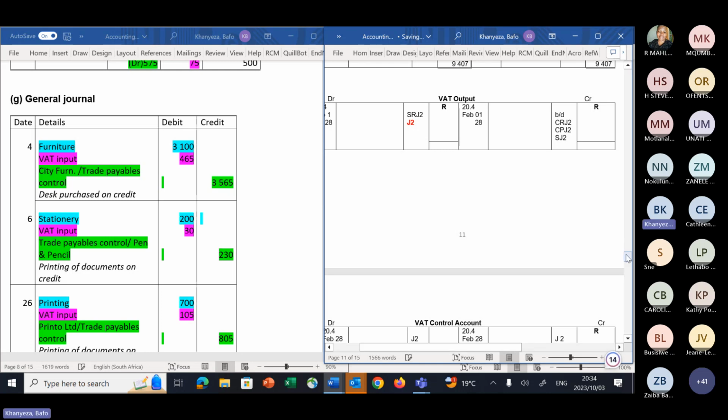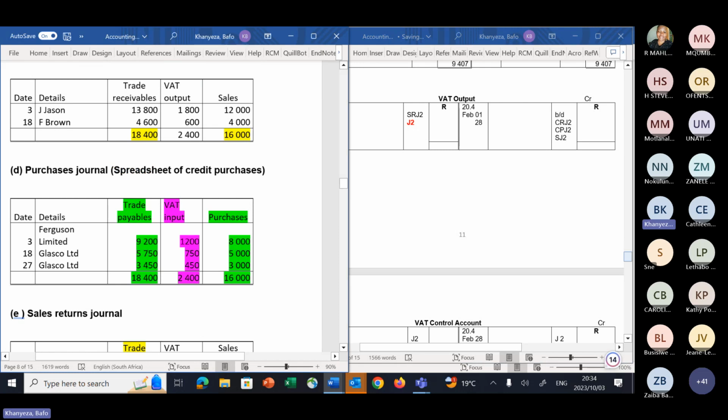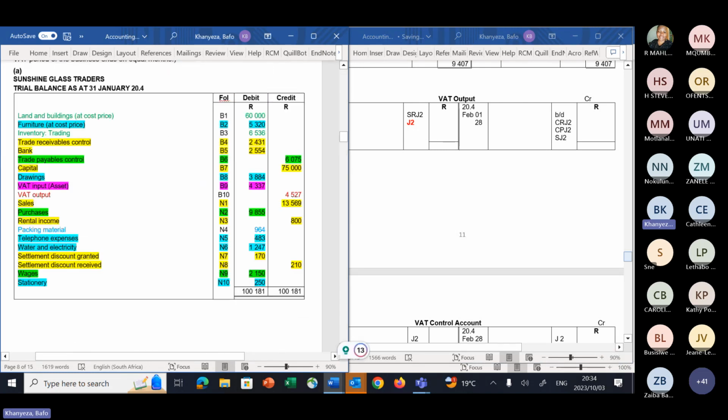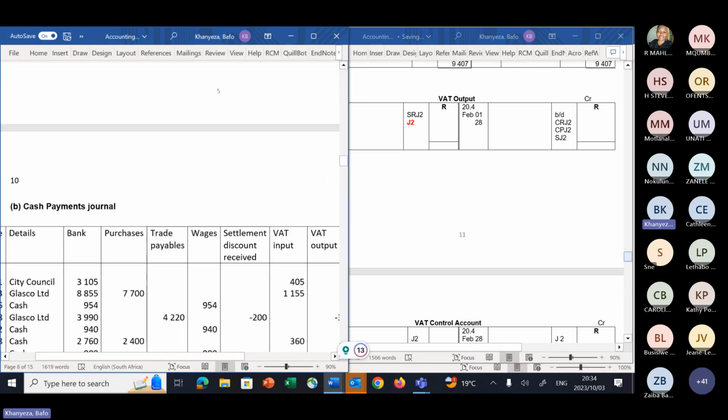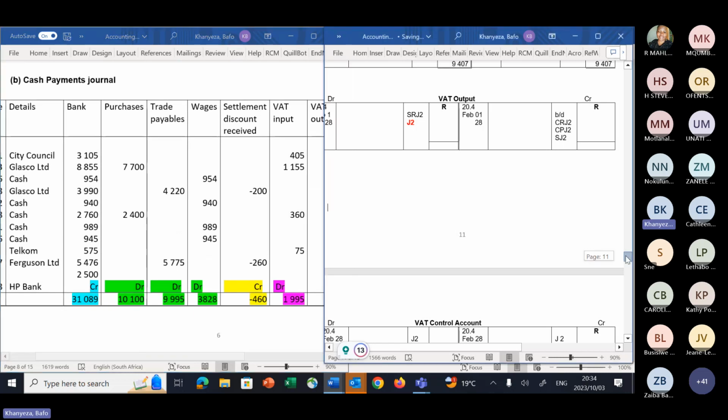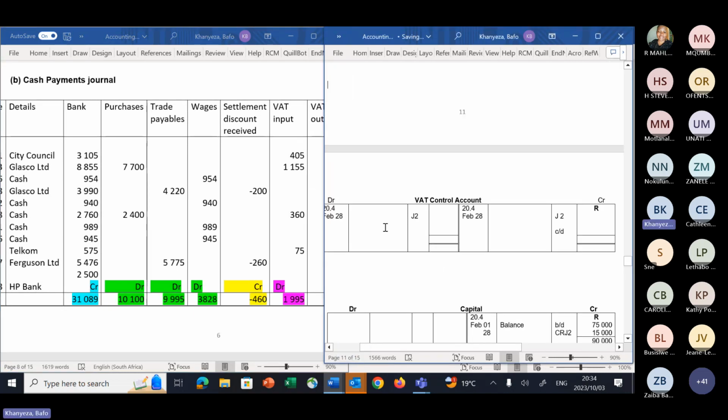So in our VAT control account, that's where we start with the opening balance. I think there is no opening balance of the net VAT control account. So now in the VAT control account, our input, our assets, where is it? It's VAT input.